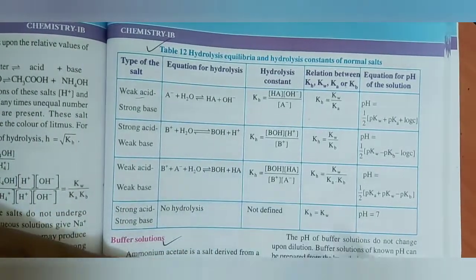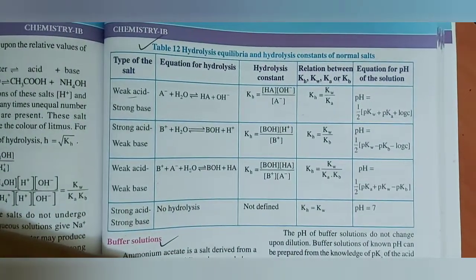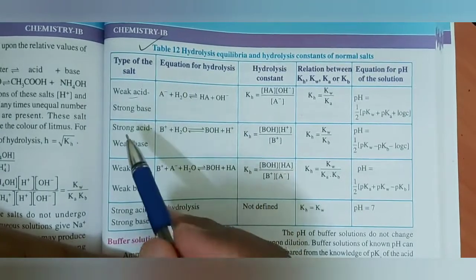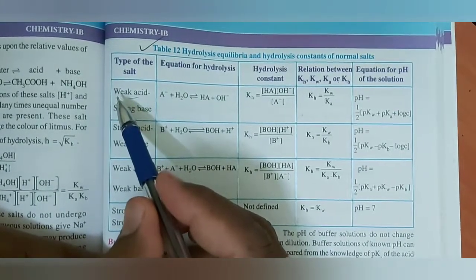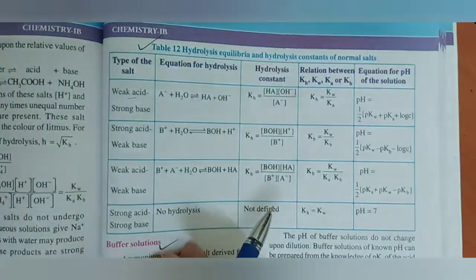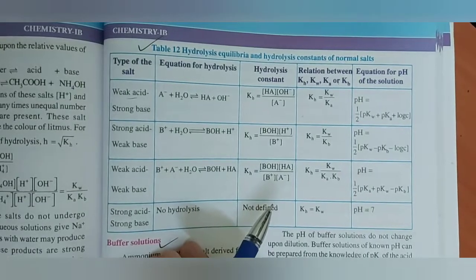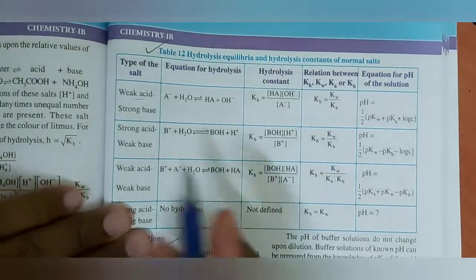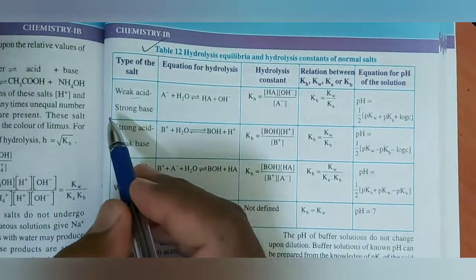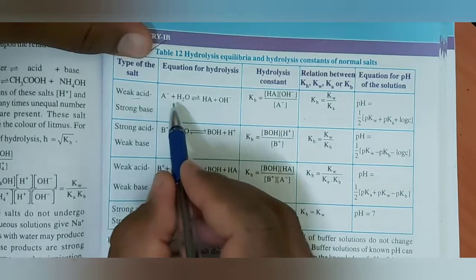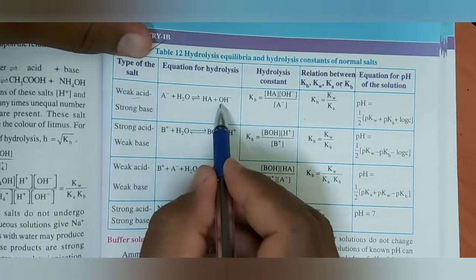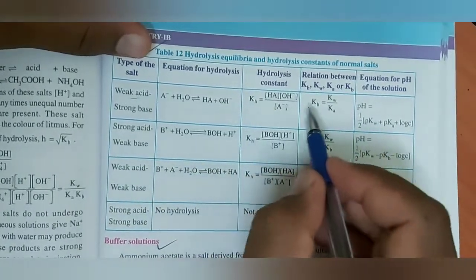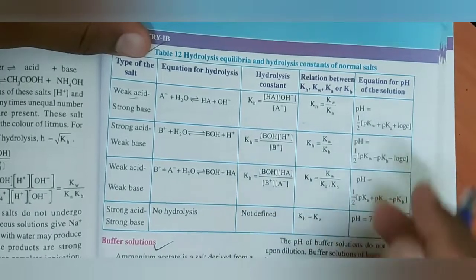Observe this carefully. Type of the salt obtained from weak acid and strong base. A minus plus H2O results in OH minus ion concentration. Kh is equal to Kw by Ka.